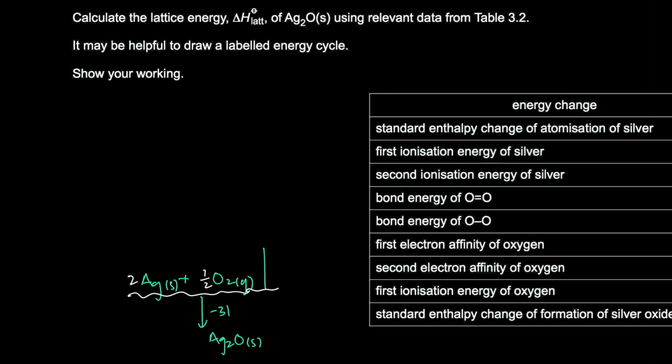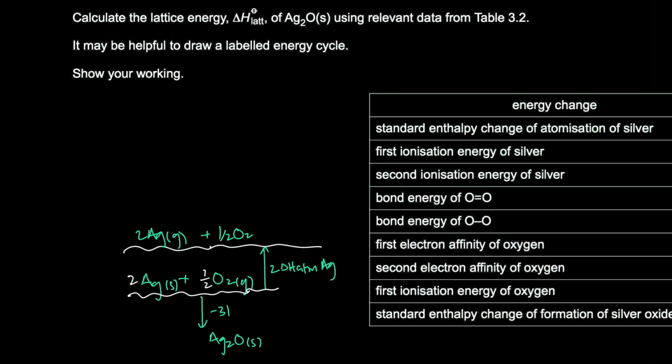We're first going to start with silver. It doesn't matter which one you start with. So first we're going to convert silver to its gaseous atoms. That would be the atomization of silver. We have 2 moles of silver, so that would be 2 times the atomization of silver. So we have 2 Ag gas plus half O2.